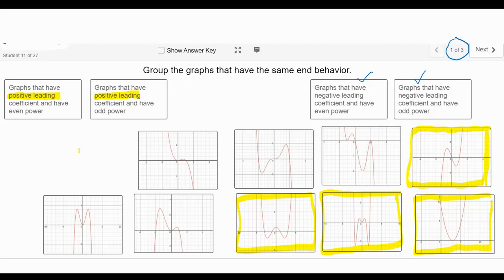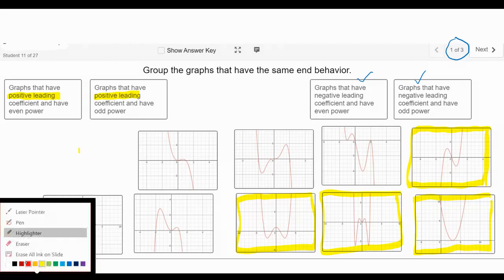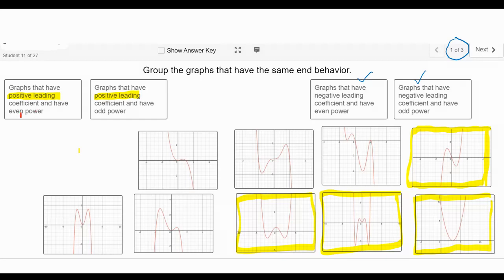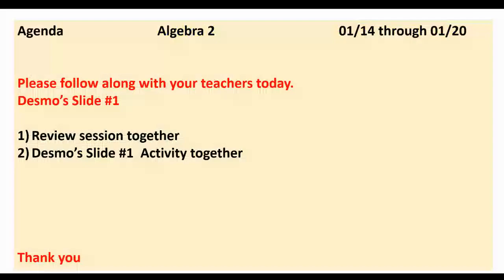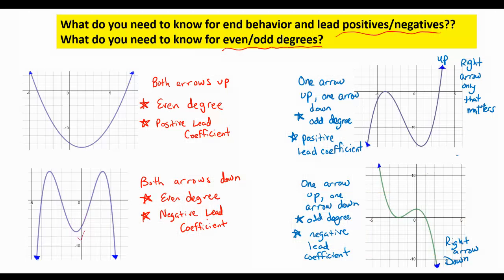So which ones make it to be an even power? What makes something an even power? Is that this one, or is it these three? If we go back to the chart, even power, which is right here, has both arrows going the same way.